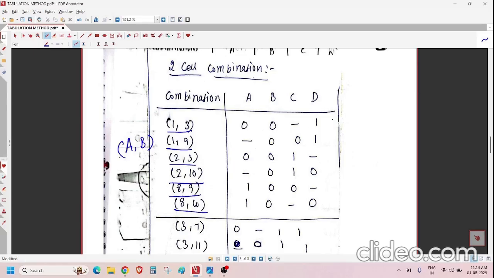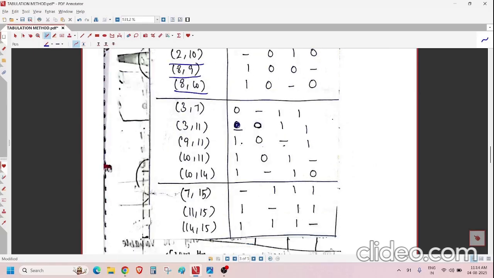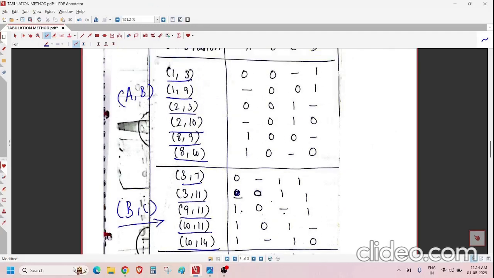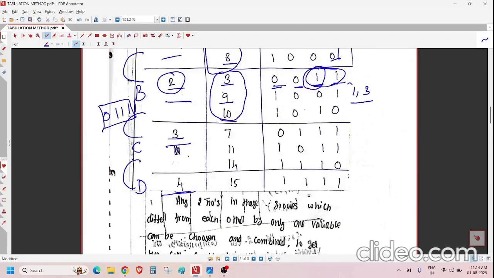I hope you understand. Likewise, if you combine B with C, you have these combinations: 3 comma 7, 3 comma 11, 9 comma 11, 10 comma 11 and 10 comma 14. Let me show you one example, 3 comma 7, with the previous table.